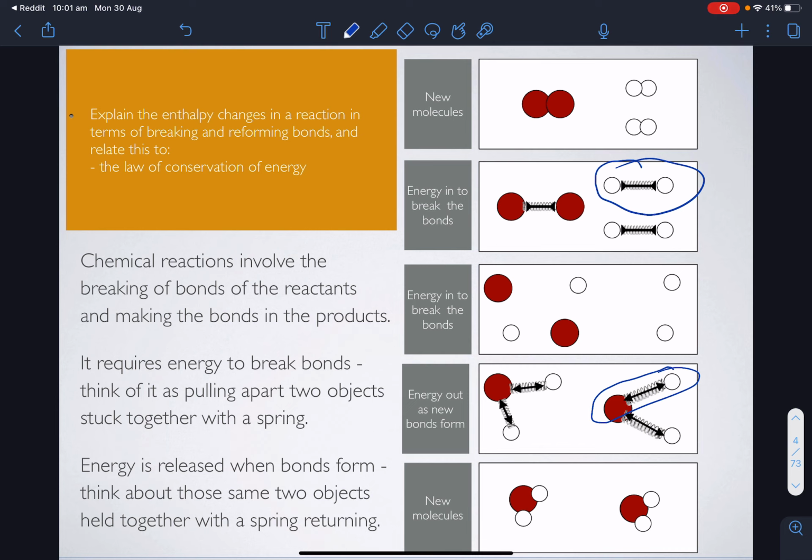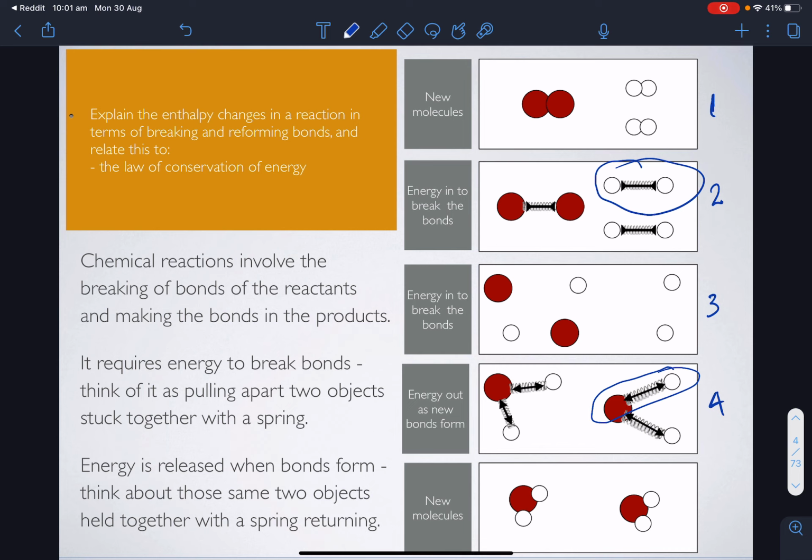Okay, so here in my diagram, we've got some molecules. We've got one of the red molecules and two of the white molecules, and we're putting energy in this step, in the second step here. We're putting energy in to break these bonds, to stretch these bonds away. So we're putting energy in to separate them. So in the third one here, we've got completely separated atoms. And in the fourth one in my sequence here, we're forming new molecules, so we're releasing some energy.